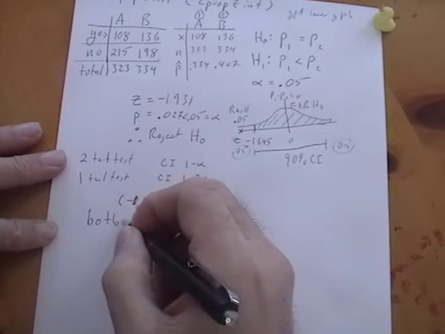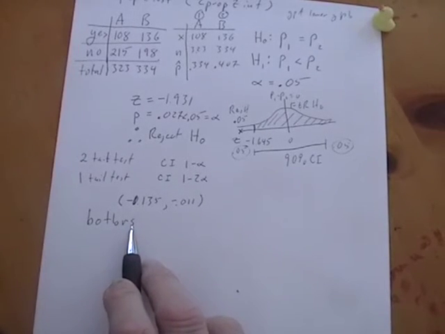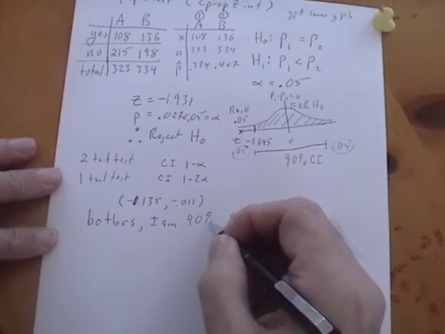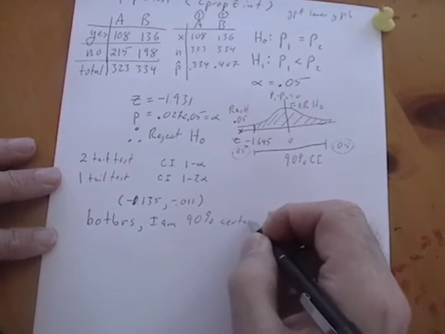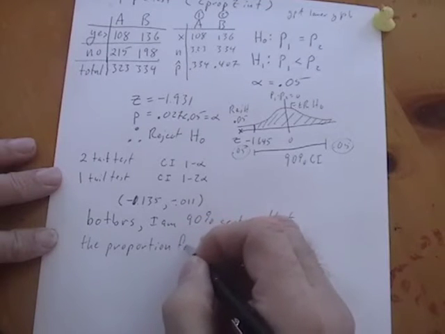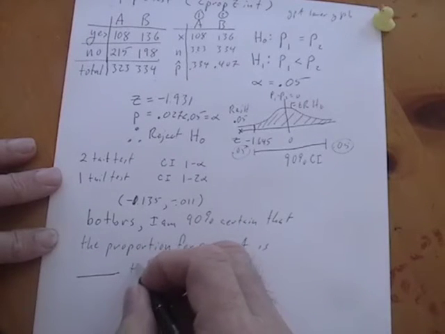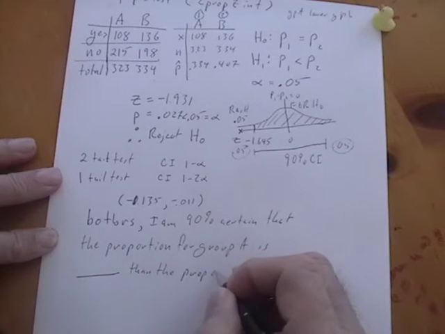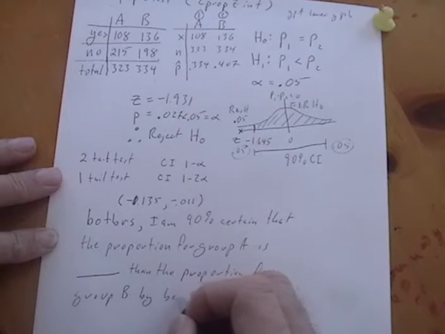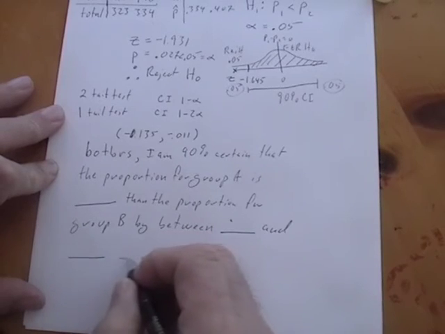First, based on these being representative samples, I am a certain percent, 90%, because that's my confidence interval, certain that the proportion for group A is blank, then the proportion for group B by between blank and blank blanks.